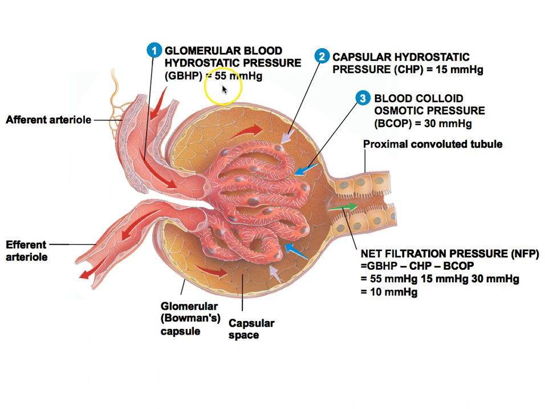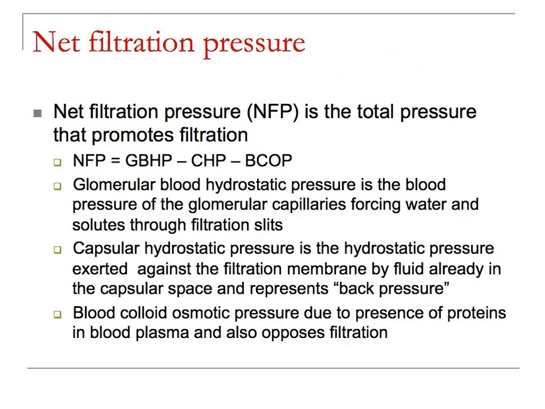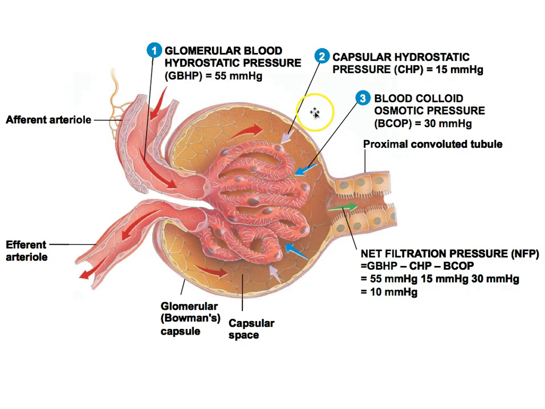You have a specific value of 55 millimeters for glomerular blood hydrostatic pressure. It's going to push out. Here's our capsular hydrostatic pressure. It has 15 millimeters of pressure. Pushing back, and then you have the blood colloid osmotic pressure. And what's going to happen, the filtration, this is what's NFP here, net filtration pressure, is about 10 millimeters.